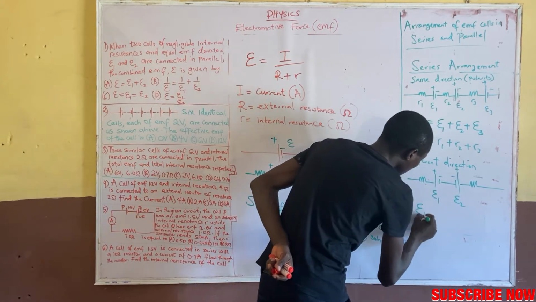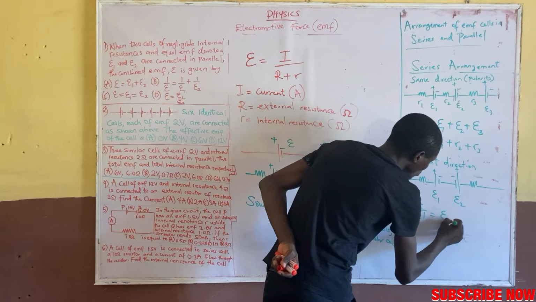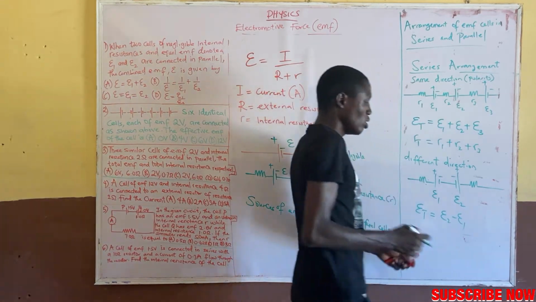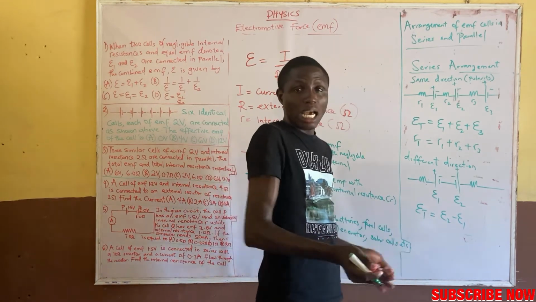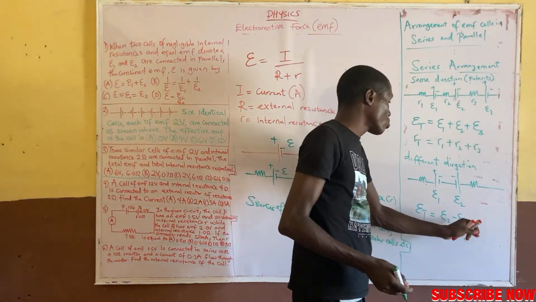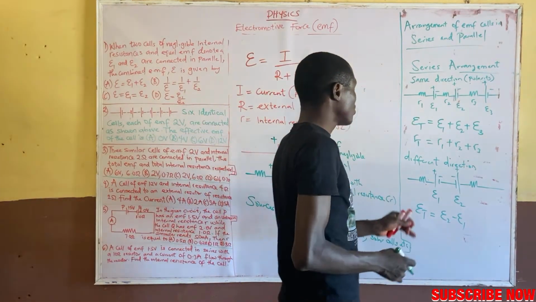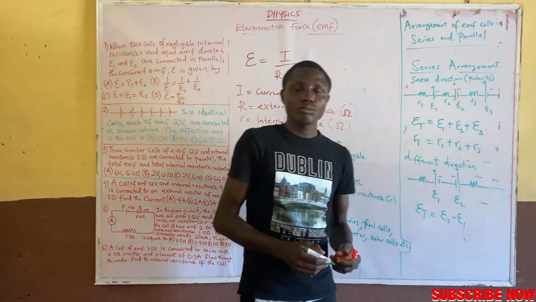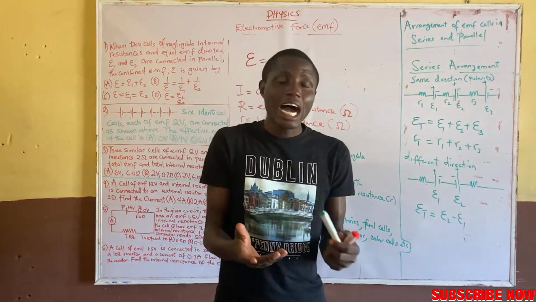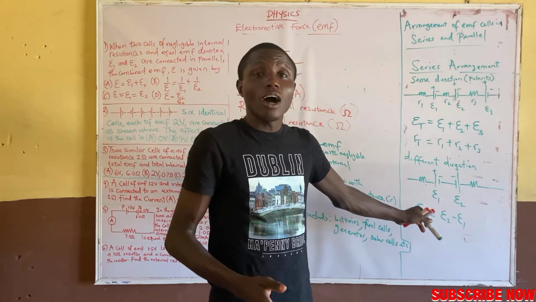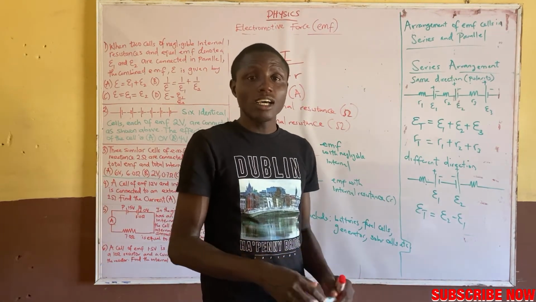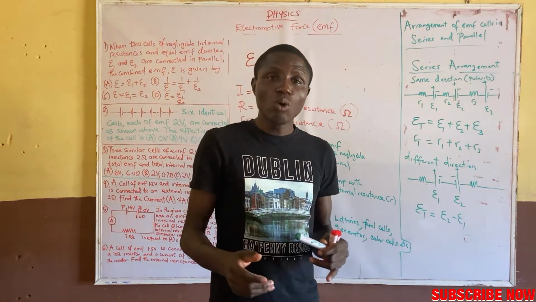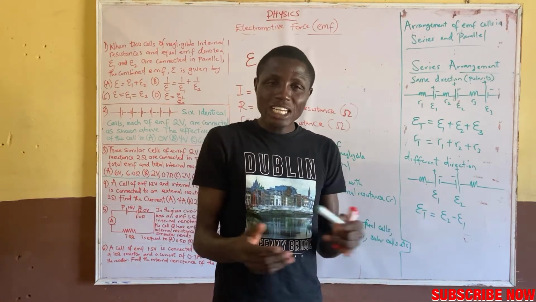Now my total combined EMF will be E2 minus E1. You find the difference. The total EMF will be the difference between the EMFs. It can be E2 minus E1. So that's how you find the total EMF of that cell. But the resistance, you add up together. You don't subtract; you add up the resistance.